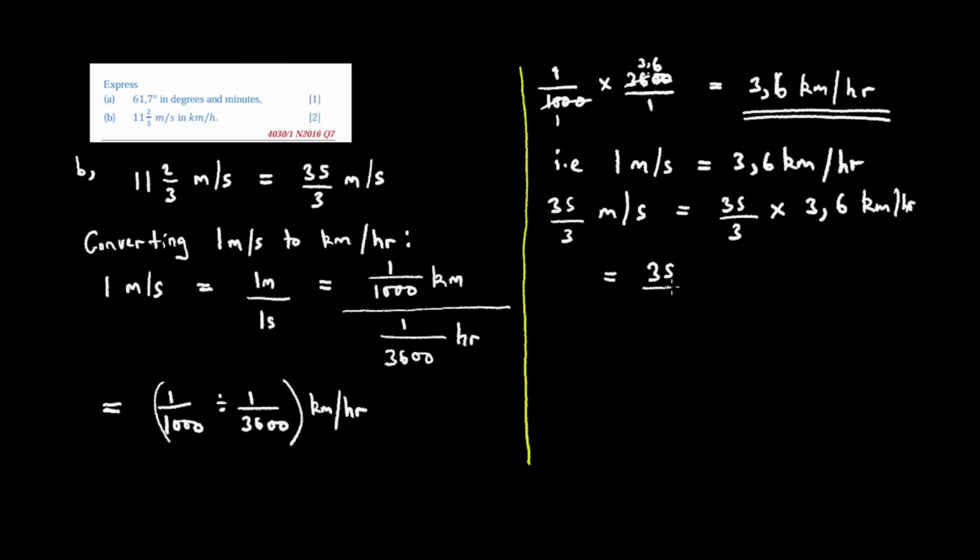So 35 over 3 times 3.6, we can write 3.6 as 3 and 6 over 10, and of course kilometers per hour, you can write the units at the end. But 3.6 is 3 and 6 over 10, which is 35 over 3 times 10 times 3, 30 plus 6, so it's 36 over 10.